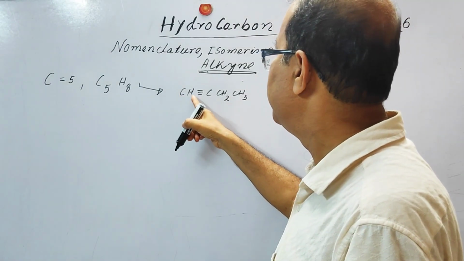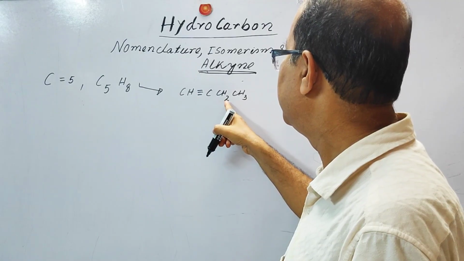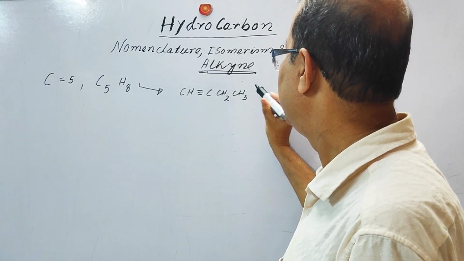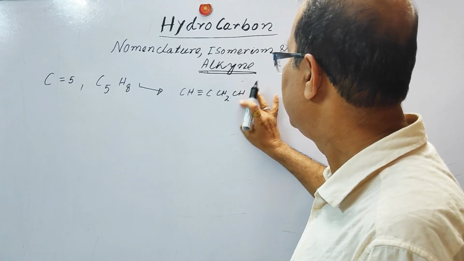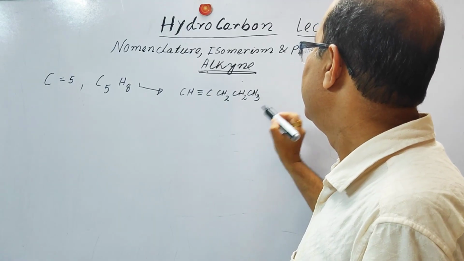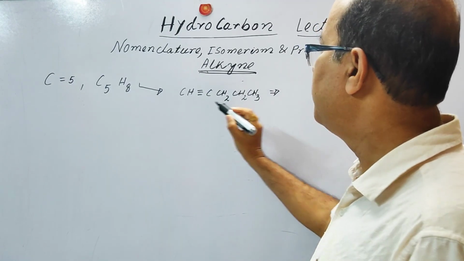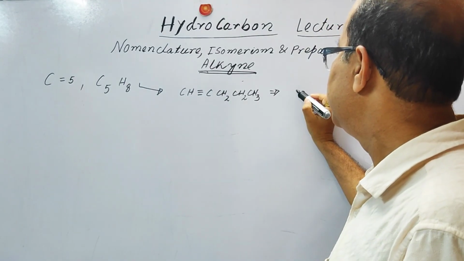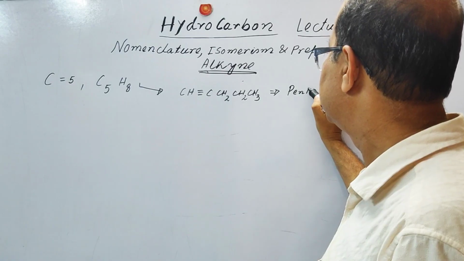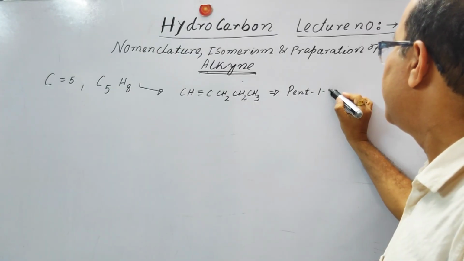Here you can see the number of hydrogen atoms. The name of this compound, because the hydrocarbon is pentane, will be pent-1-yne.